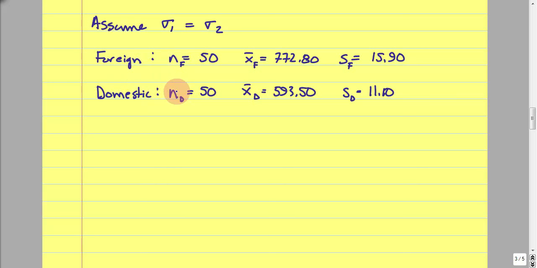We're going to run a full-blown hypothesis test on this, and we're going to use our calculators to help us summarize these values. Up here, if we assume sigma 1 equals sigma 2, we use the pooled standard error.